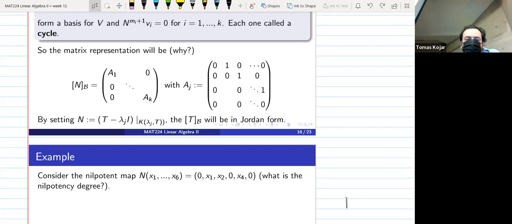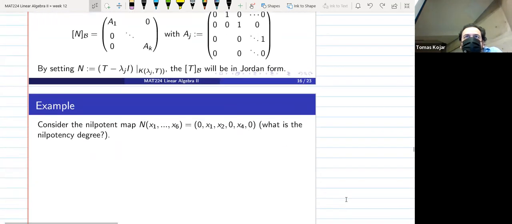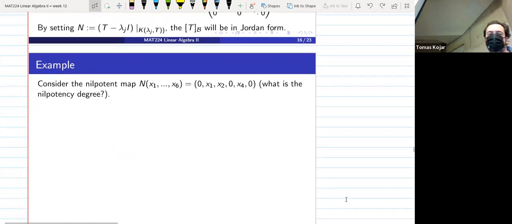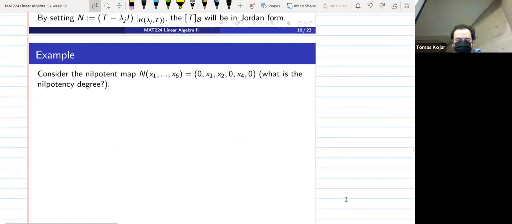Okay, all right, so let's do an example. Hopefully it will take most of the time because it's really the hardest stuff. So you start with this nilpotent map. Any ideas? What's the degree? Well, think about it. Do you know what the degree is?